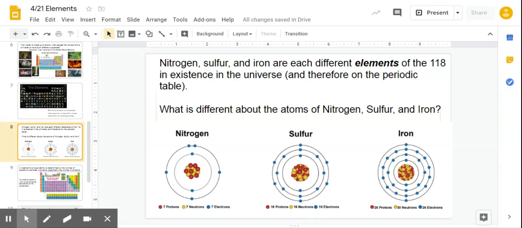What is different about nitrogen, sulfur, and iron? Let's take a look. Well, you probably noticed that they have different numbers of protons, 7, 16 versus 26, different numbers of neutrons, 7, 16, and 30, as well as electrons, 7, 16, and 26.